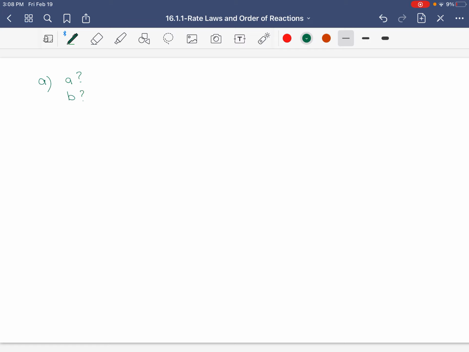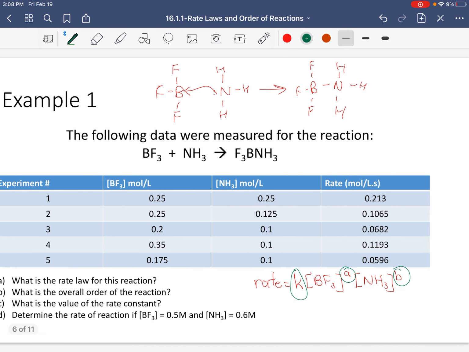This is the strategy. You're going to pick two experiments. You're going to make sure that one of the parameters is constant. I will pick experiments 1 and 2, because I know in experiments 1 and 2, BF3 is kept constant.